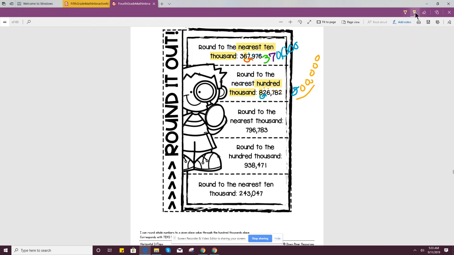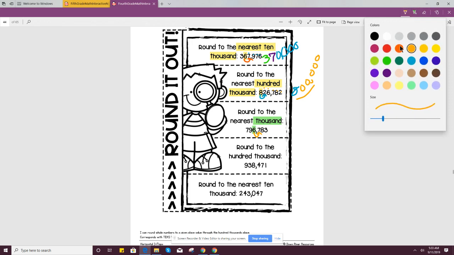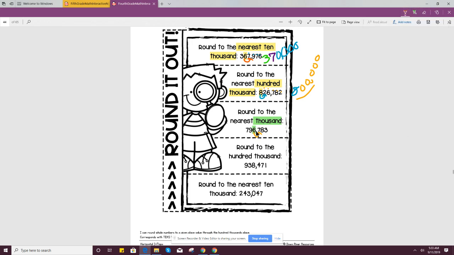All right, next tab. Let's do a different color. We're going to round to the nearest 1,000, which is right here. The digit behind it is a 7. That's going to determine whether 6 gets to stay a 6 or it's going to jump up to a 7. Everything in front of the highlighted digit stays the same, so I have to write a 7 and a 9.